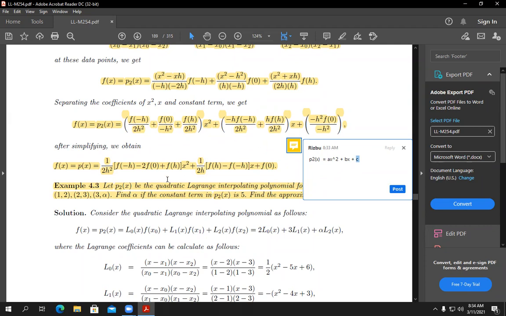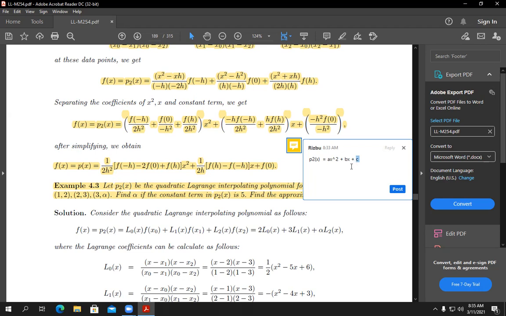The same thing he says, let P2 be the quadratic polynomial for the given data points. Find the value of alpha if the constant term in P2 is 5. So it means you have to find the polynomial in this shape. This shape means making the x squared coefficient separate, the x coefficient separate, and the constant term separate.